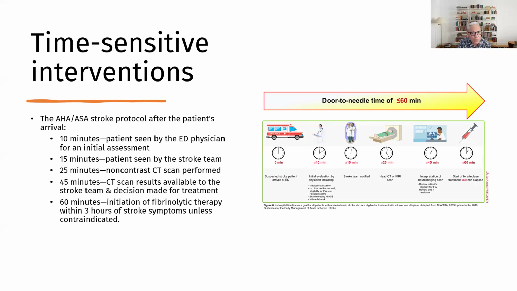Early intervention when a stroke is suspected is obviously important to optimize neurological outcomes. After the patient enters the emergency department, an hour clock should be started so that all staff members are aware of when each time-sensitive intervention should be performed.